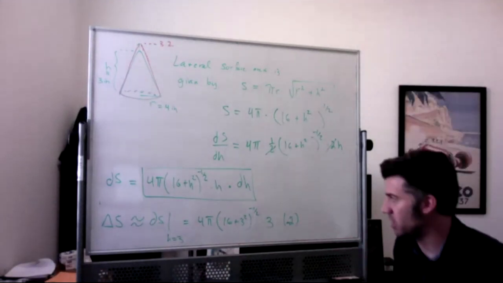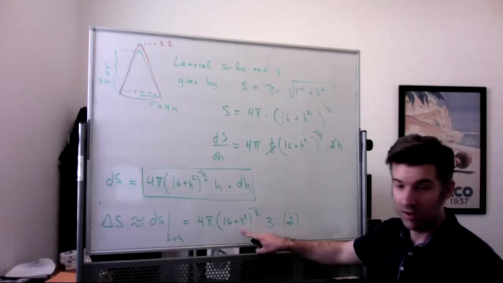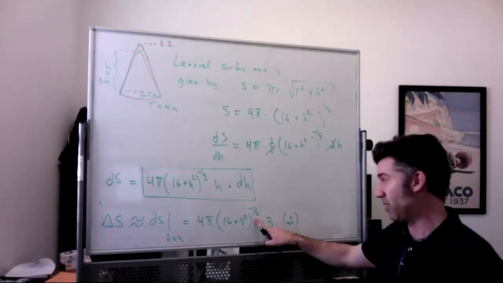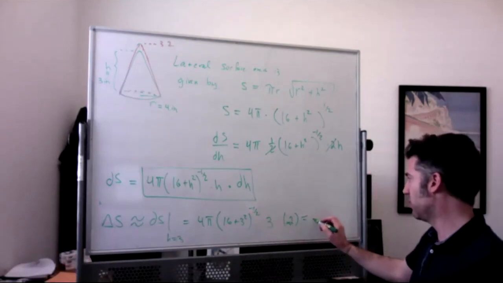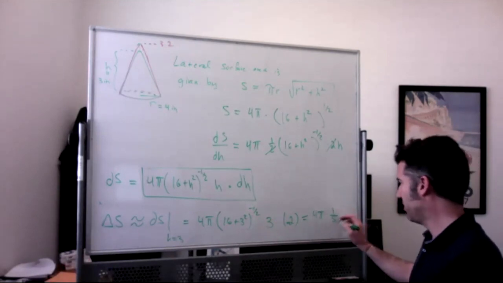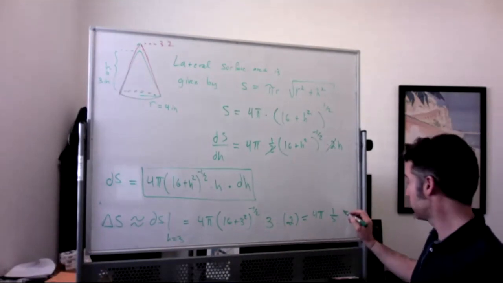So this ends up being, let's see, 16 plus 9 is 25. 25 to the 1/2 power is the square root of 25, which is 5. And then to the negative 1 power is 1/5. So this ends up being 4π times 1/5 times 3 times 0.2, which is 0.6.